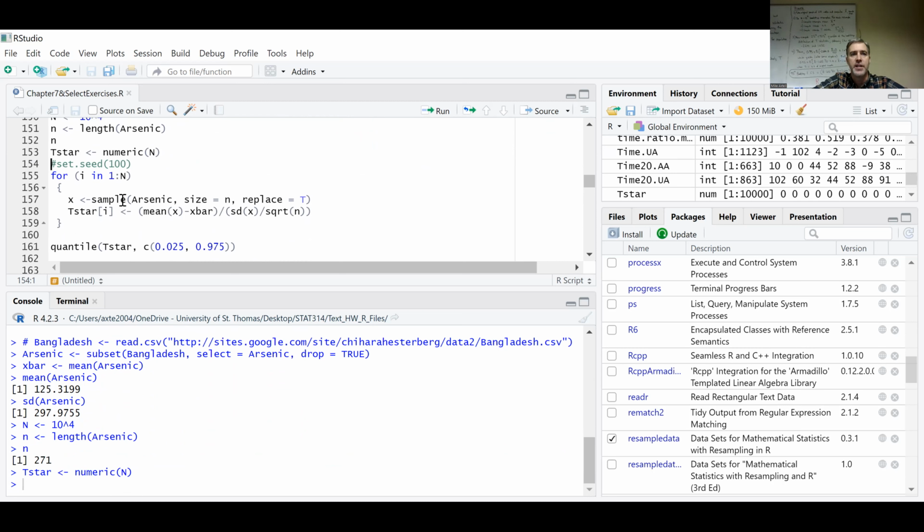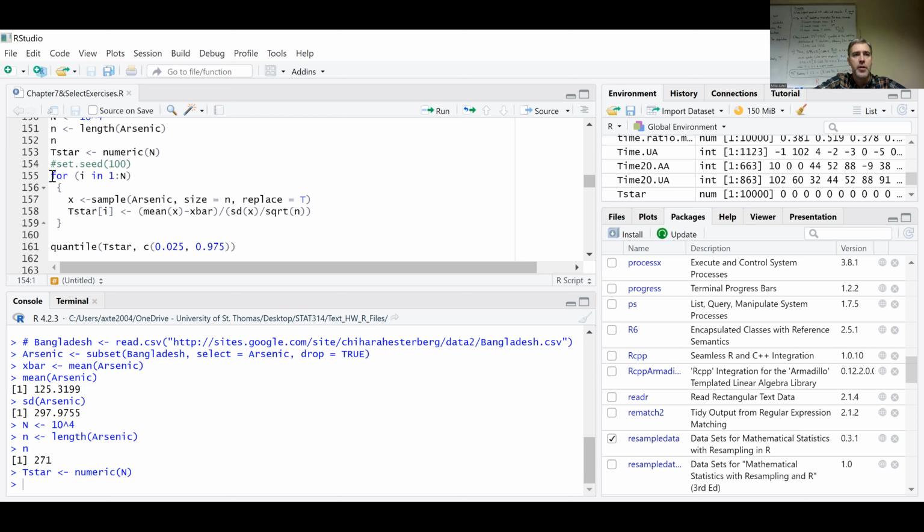So first, I'm going to sample on line 157. I'm going to sample the arsenic data, size n, replacements allowed, and I'm going to call that new vector x. And then I'm going to calculate T star, which is the mean of x minus X bar, the original sample mean, all over the standard deviation of x, that's my S star, divided by the square root of n, okay?